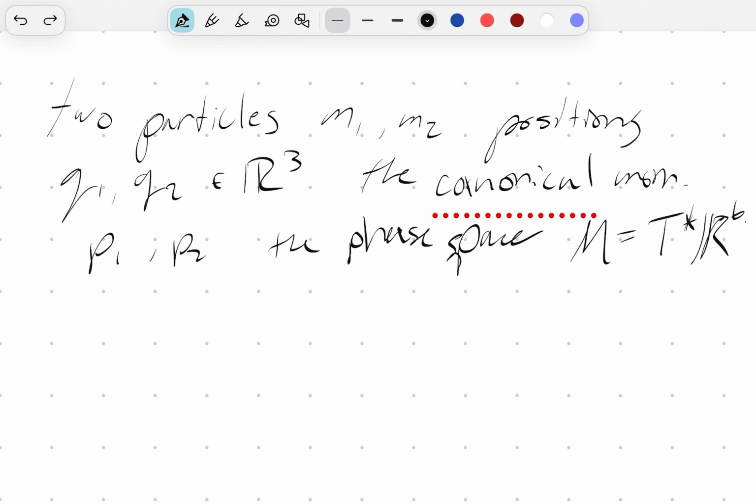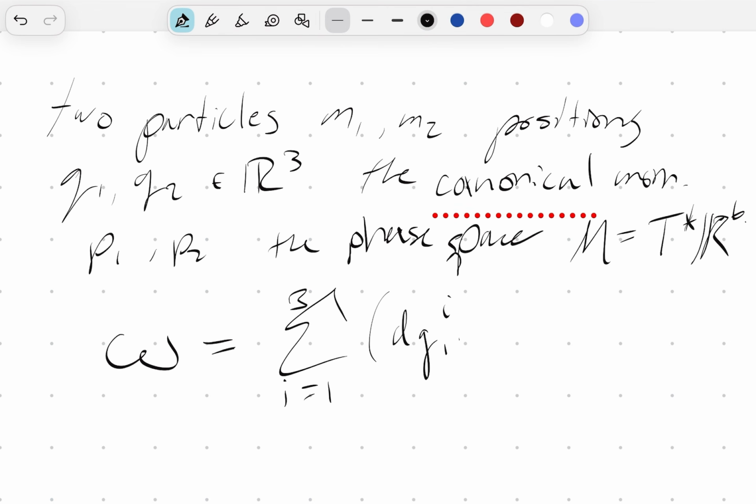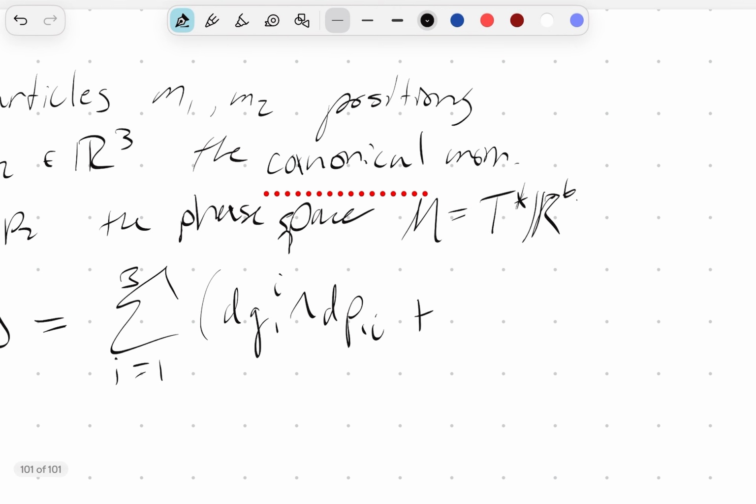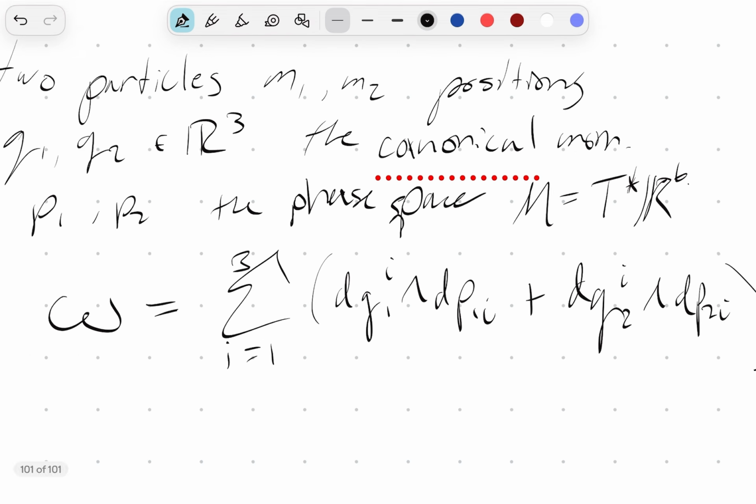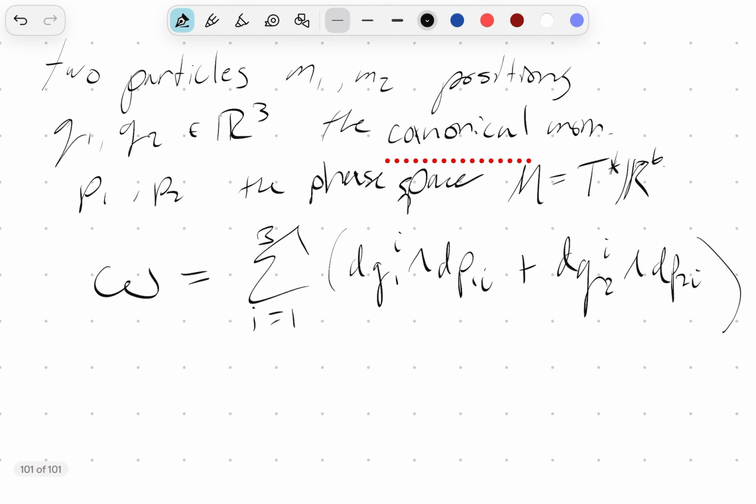Let's write out that omega better, with dq for the first particle wedge dp for the first particle, plus the other particle wedged here. All right. That defines the volume in phase space.